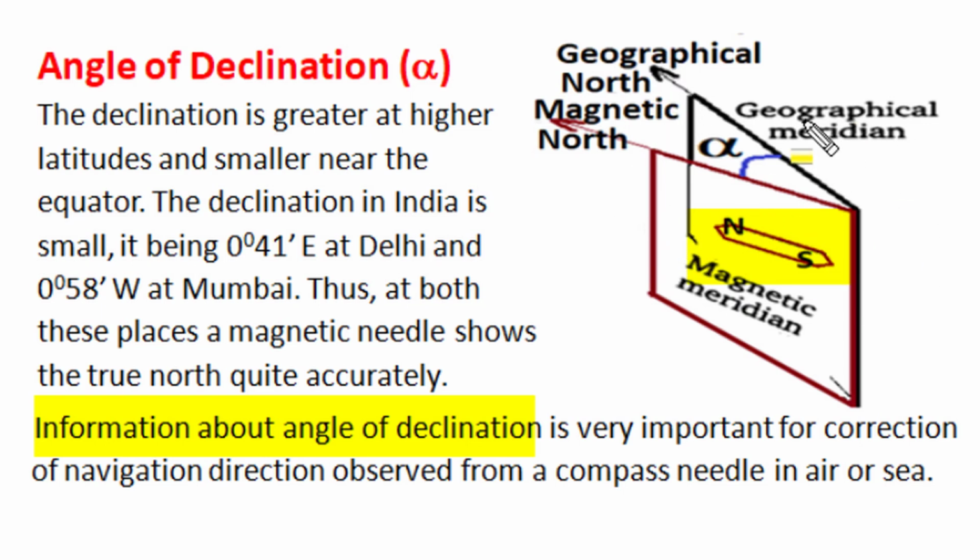The two, geographical meridian and magnetic meridian, have an angle of declination, and with that information we can find out the exact geographic meridian at that position from the information of the magnetic meridian.